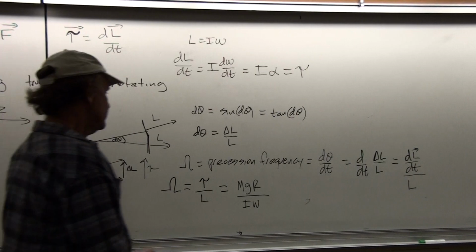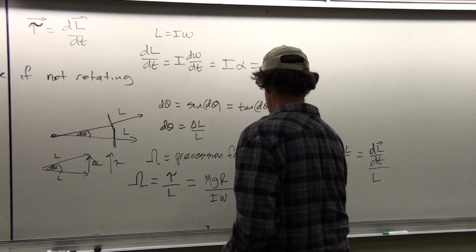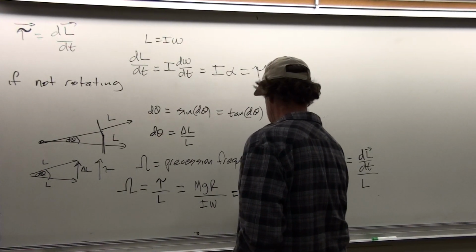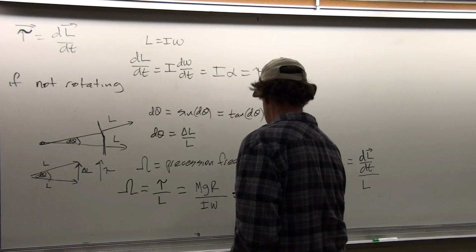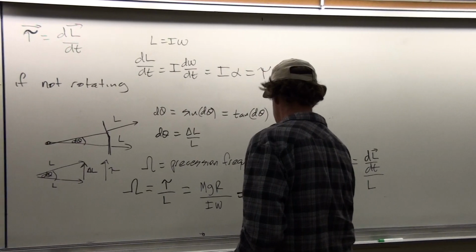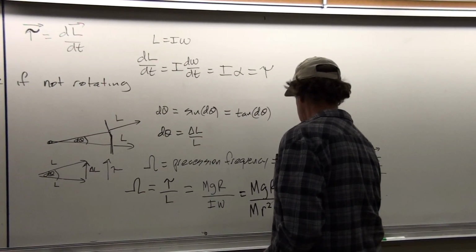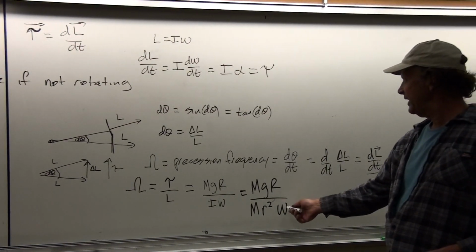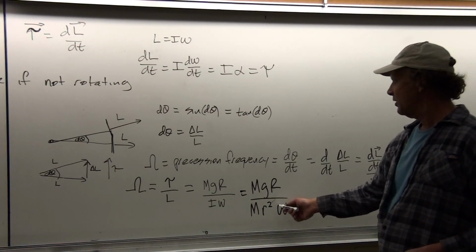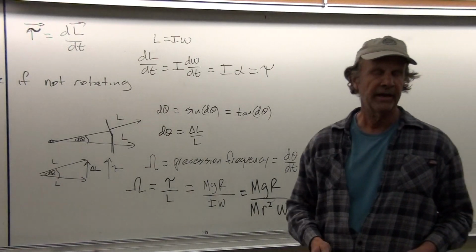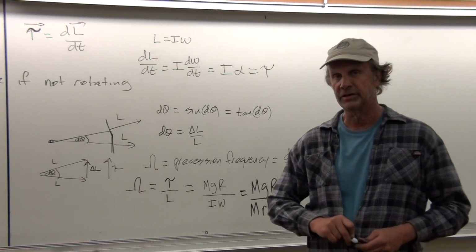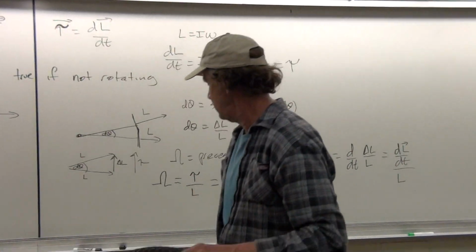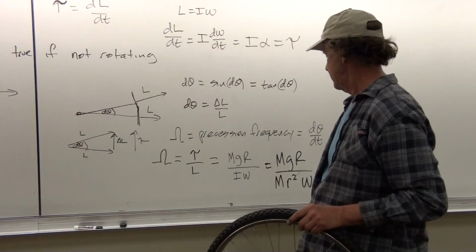Okay, so we can rewrite this then as big M g R divided by big M times little r squared times omega. So we can see then that if omega is equal to 0, we are out of the range of the approximation by which this relationship is valid.